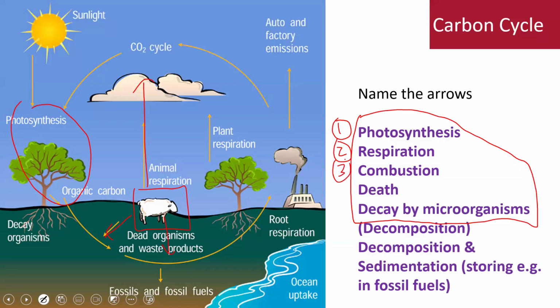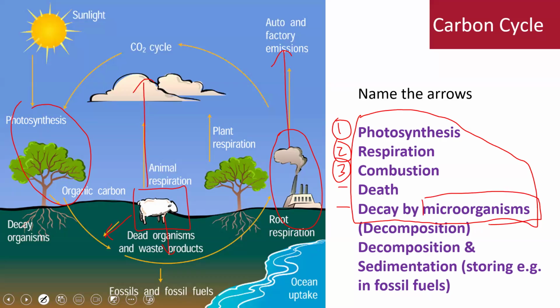Number 3, combustion. The main place for combustion is in a factory that is pumping out carbon dioxide into the atmosphere. Those are 3 of the main words in the carbon cycle. Death is a possibility, but that's respiration again. Decay is when things rot, and it is all about microorganisms.